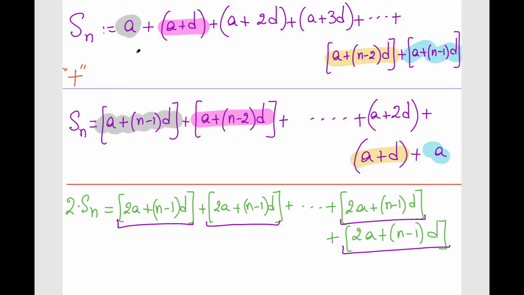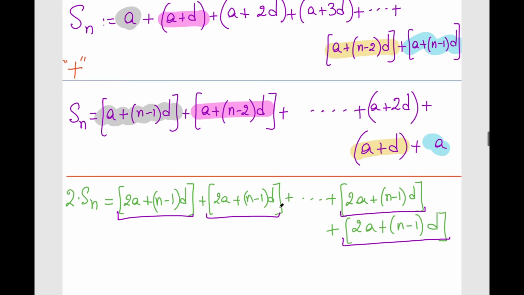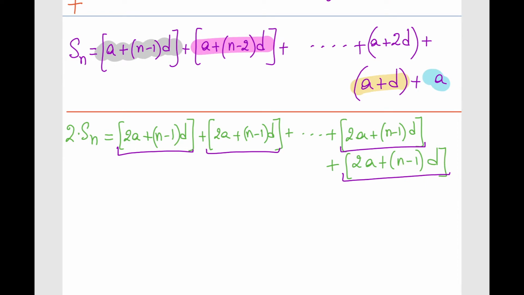And then we added the first together and the ith together. And then what do we get? How many summands? This is also n, correct? So this is also n summands. As such, we get 2 times Sn, which is the left side, equal to n times this package.